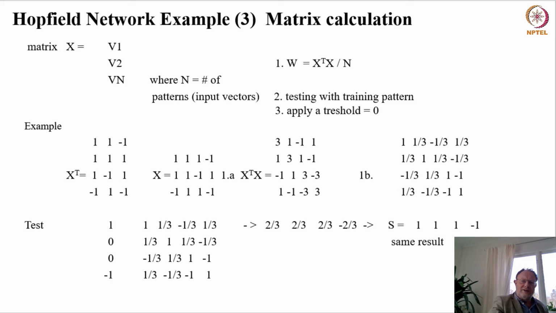So you can see here a step where we form the matrix, the transpose matrix, we multiply them, and we divide by n. So we end up with the matrix to the right, and then we can use that matrix.